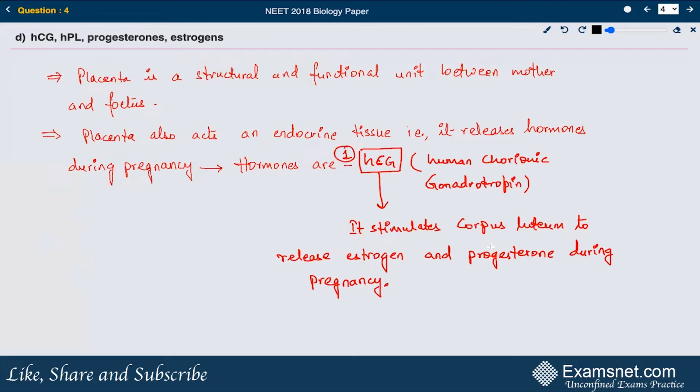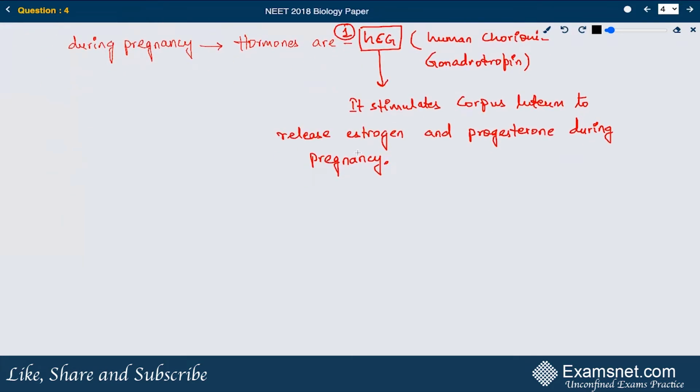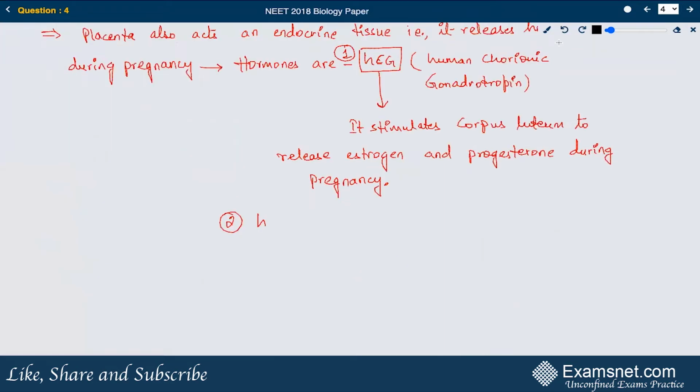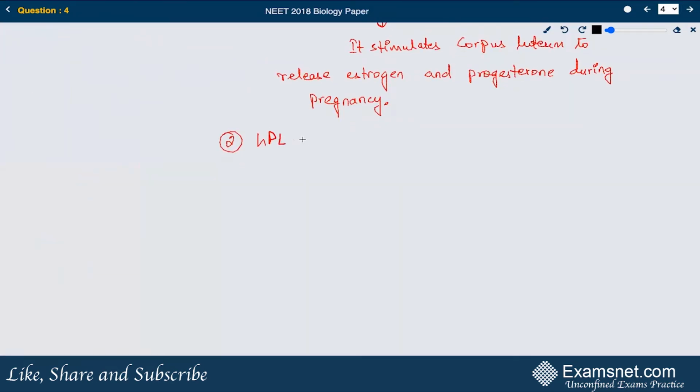All right, HCG. Apart from this, the second important hormone is the HPL. It is human placental lactogen. All right. Now, this is basically responsible for the growth of the body of the mother as well as for the breast of the mother.